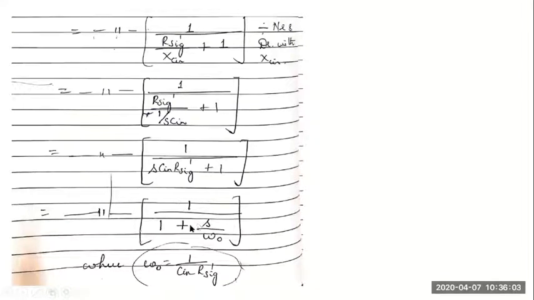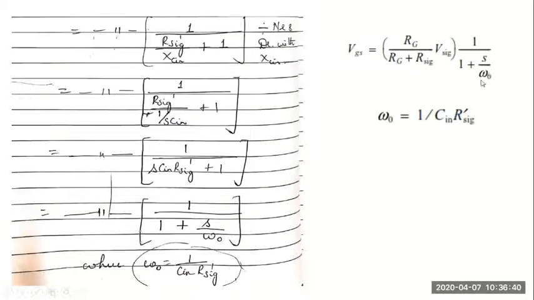Now we have analyzed it, and the expression for the transfer function is given like this. So what is the total VGS? Bringing back this voltage, VGS is Rg by Rg plus Rsig into Vsig, and on the right hand side I have 1 by 1 plus S by omega naught. Please remember, this is the standard form of equation for any low pass circuit, and that low pass circuit has a single S. We call it a single time constant low pass circuit.